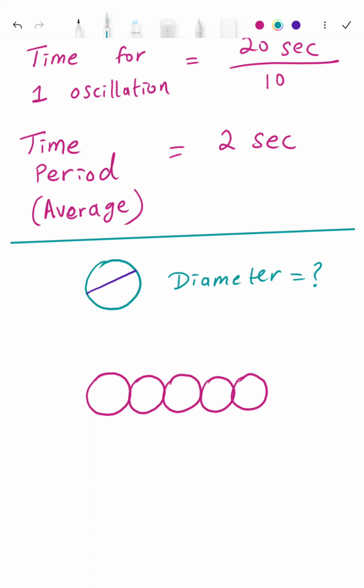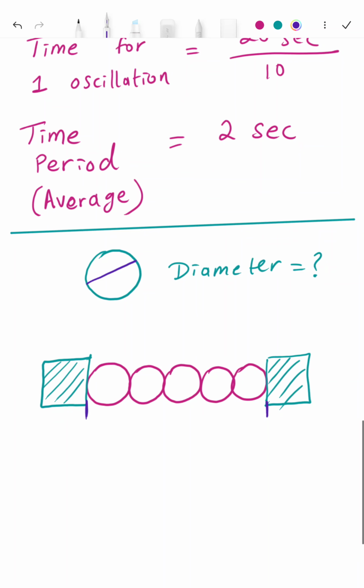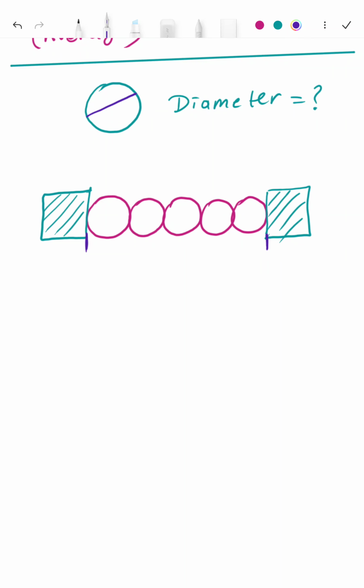And then we place two wooden blocks at each of the ends. By placing two wooden blocks at the ends, we are able to mark the initial and the final position between these blocks.